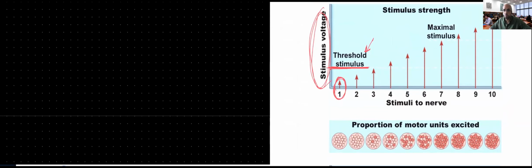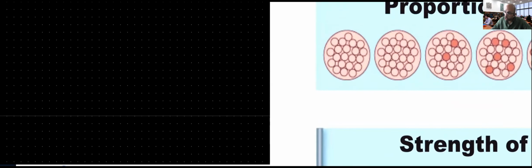Again, threshold stimulus is the minimal stimulus that you will respond to. If you've got a stimulus lower than threshold, would you have any contraction? No contraction. Why? Because simply it was not enough to cause the excitation of any muscle fibers.